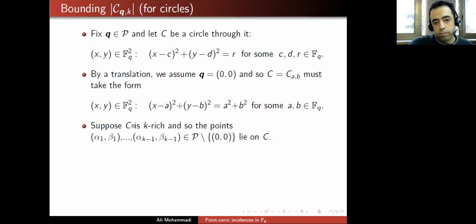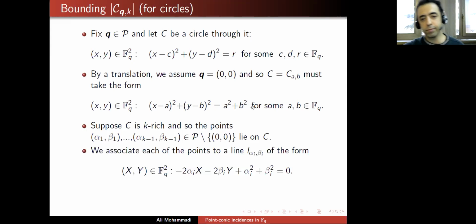Now we go by the assumption that this C is K-rich, so it has at least K points of P on it. We said 0 is on it, so there must be K minus 1 others, labeled as alpha_1, beta_1, up to alpha_{K-1}, beta_{K-1}. Then this incidence relation can be written as a point-line equation.